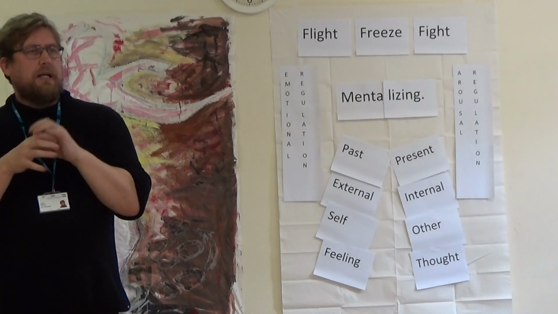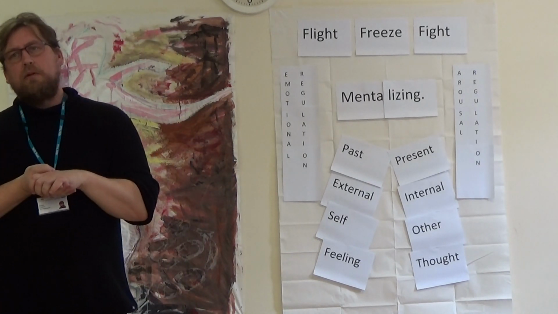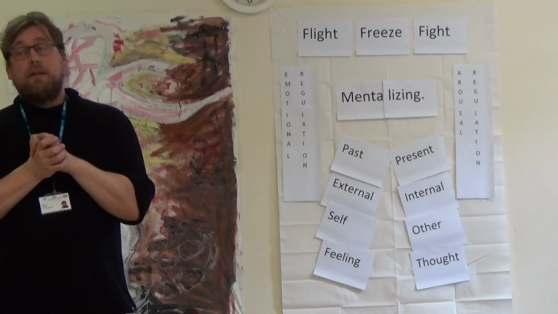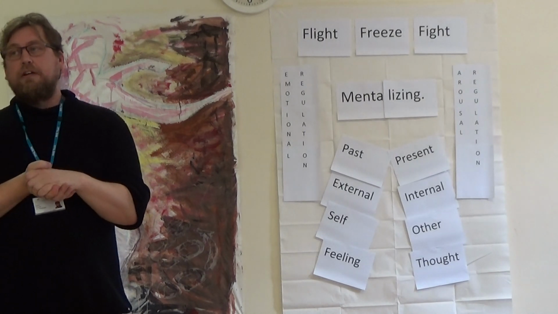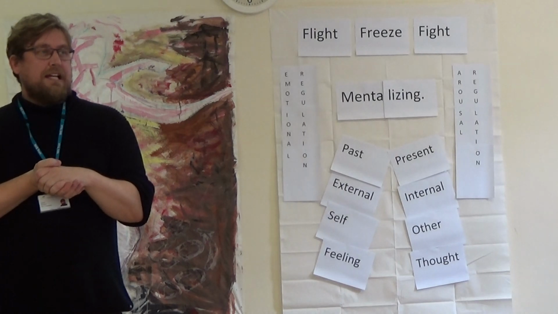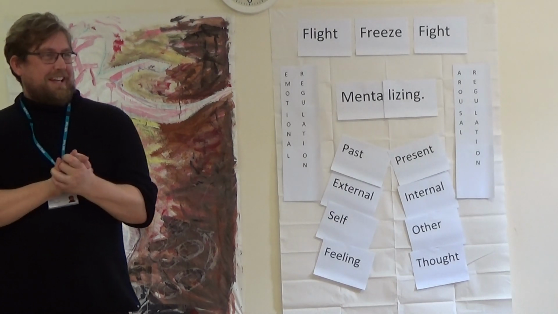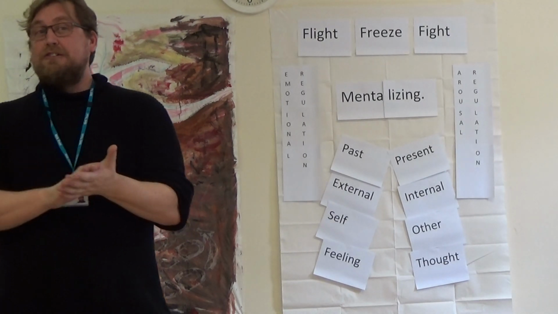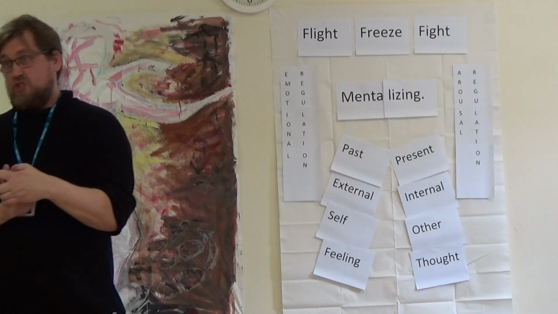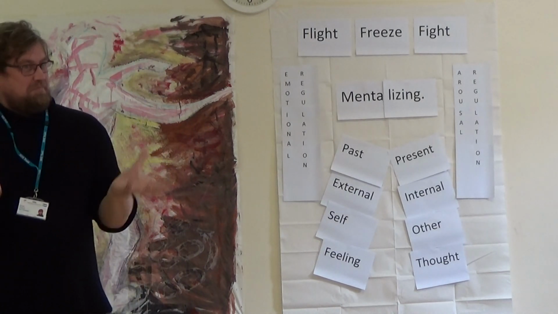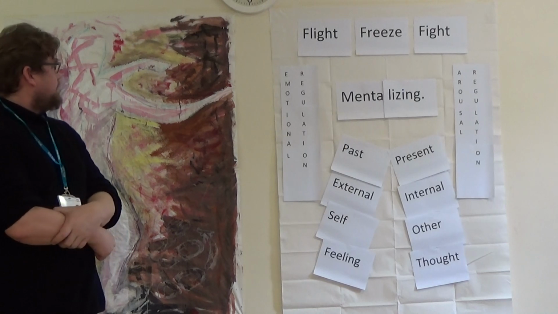So here's talking about a specific part of AMBIT. Some of you might have done the training, others maybe haven't come across AMBIT that much so far. It stands for Adaptive Mentalization-Based Integrated Treatment. Yeah, it's a bit of a mouthful.